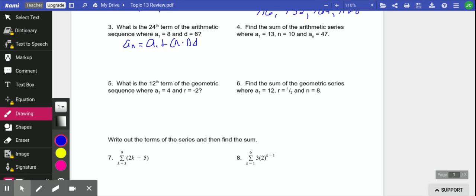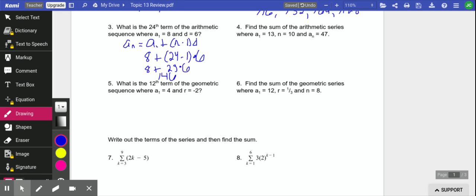So A1 is 8, we're looking for the 24th term, and we multiply by our common difference, which is 6. So we have 8 plus 23 times 6. I need to grab a calculator for that quick. And we get 146. And that was way better than listing them all out.